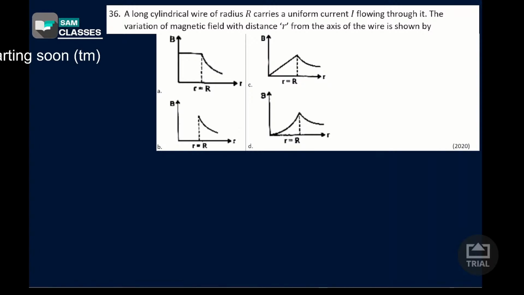If it is correct, it's well and good. Ma'am said first B, then changed to C. Gokul also said B.